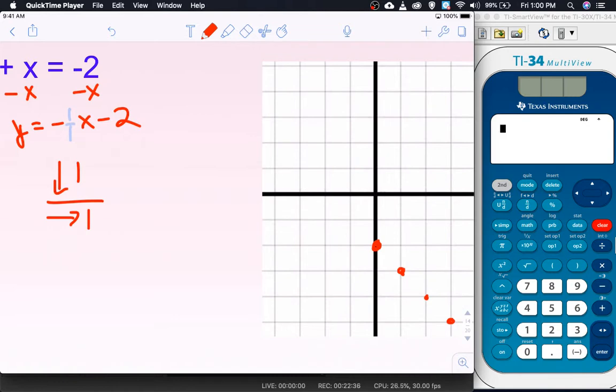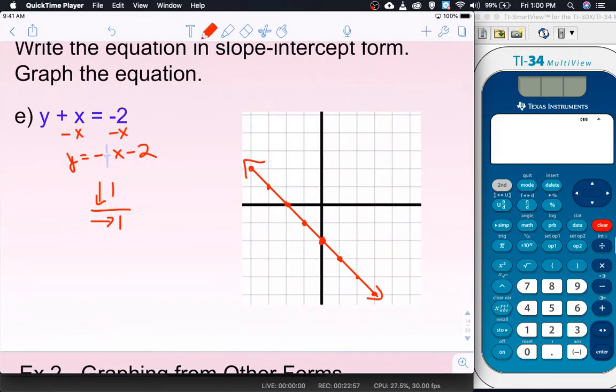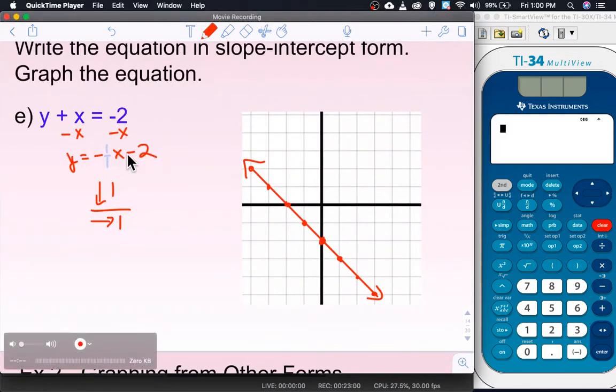And now, since I've reached the edge of the graph, I go in reverse. Boom, boom, boom, boom. Line. Now my line was a little bit off here. We could probably do a little better than that. There we go. And that is the line y equals -x - 2, or the line x plus y equals -2.